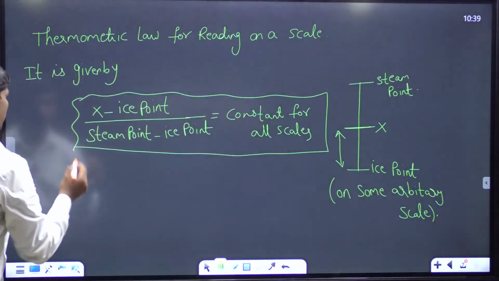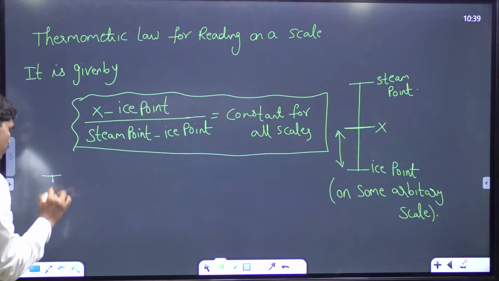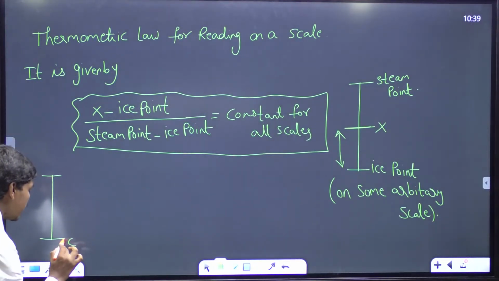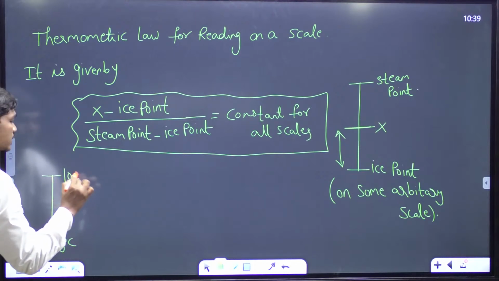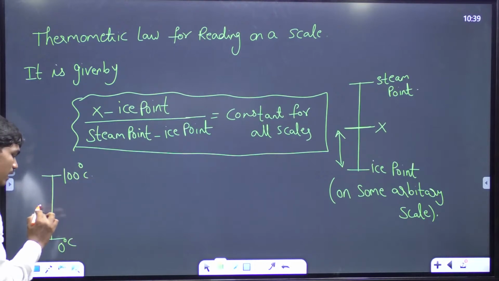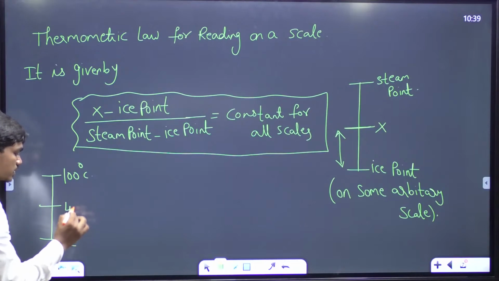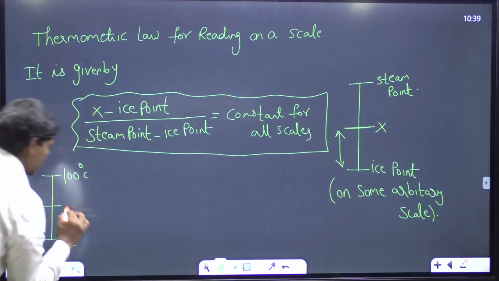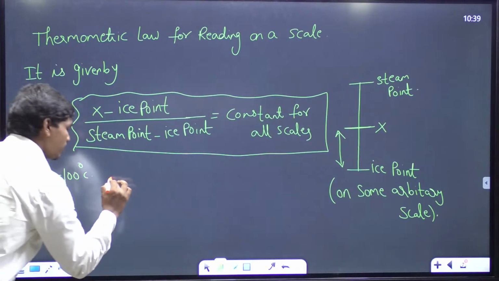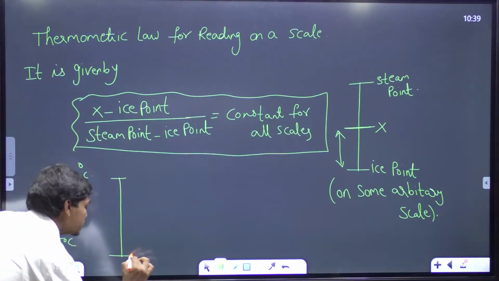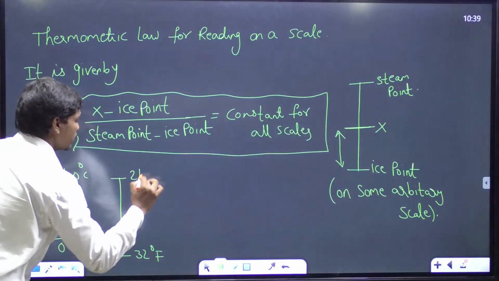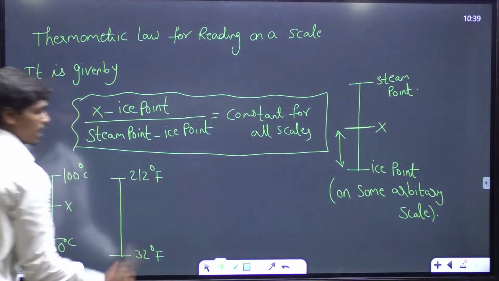Okay, so for example, let us suppose this is a Celsius scale, 0 degrees C, and this is 100 degrees C, and let us suppose you got a value of 40 degrees, let us put this as X. Now let us take the Fahrenheit scale, which is 32 degrees Fahrenheit as the lower ice point and 212 degrees Fahrenheit as the upper steam point.